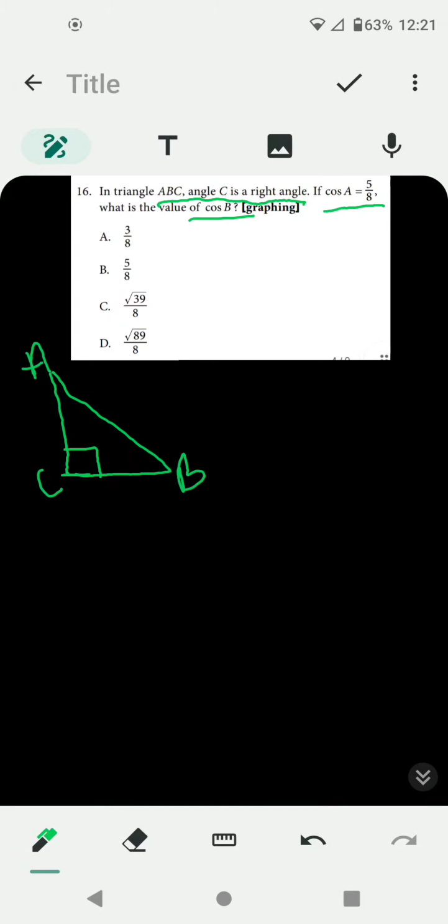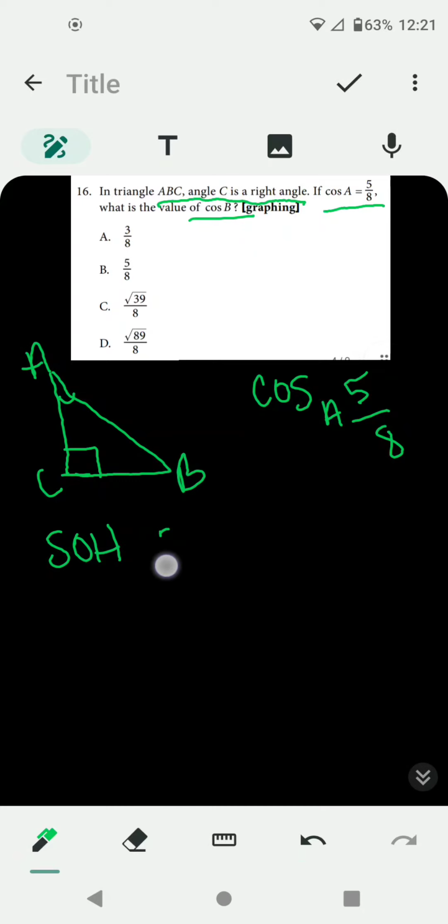Now, it says that the cosine of A right here is going to be 5/8. Cosine is one of your basic trig functions or trig ratios. I remember how it's set up by using the acronym SOHCAHTOA. I've known this since the 11th grade, which is a bunch of years.